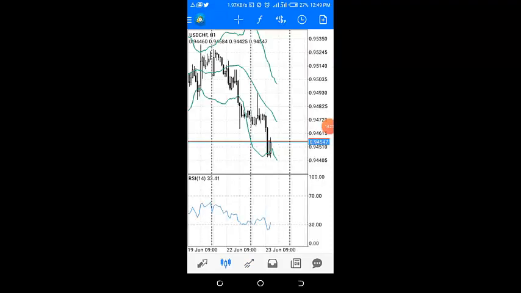Now the way I've just shown you how to analyze works with almost every currency, but there are the best currencies like the Canadian and Australian dollar, that is CAD and AUD. Those currencies work better with the Bollinger Bands.